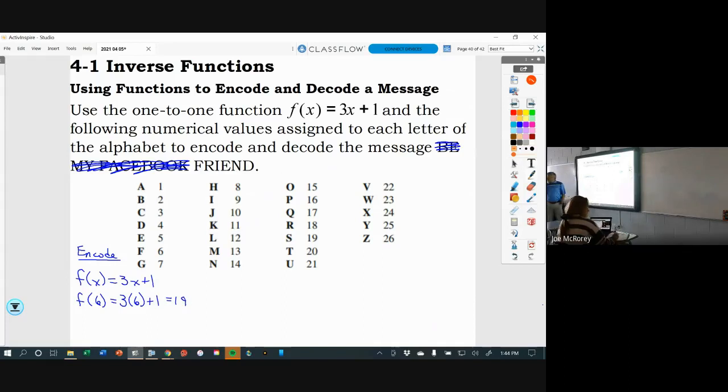So as I'm getting ready to send a message to you, this private message, the first thing you're going to see is the number 19. And then there's going to be a space, and then another number. And that next number is going to be f of R. R is the 18th letter of the alphabet. So I want f of 18, which would be 3 times 18 plus 1, which is 55.